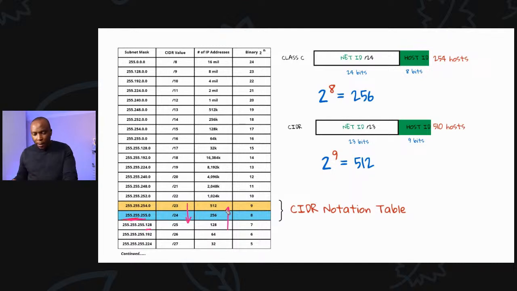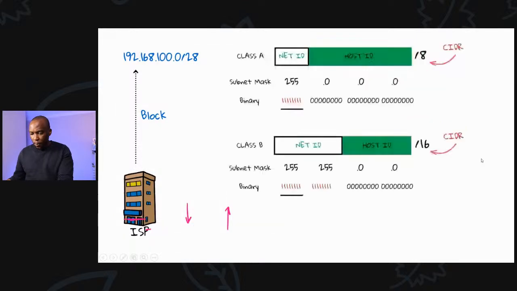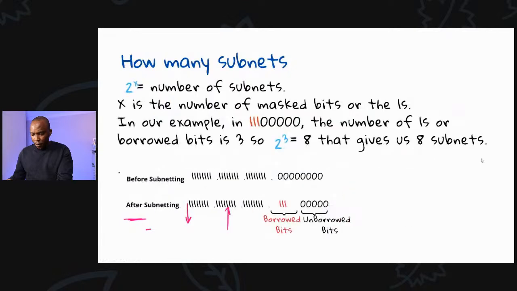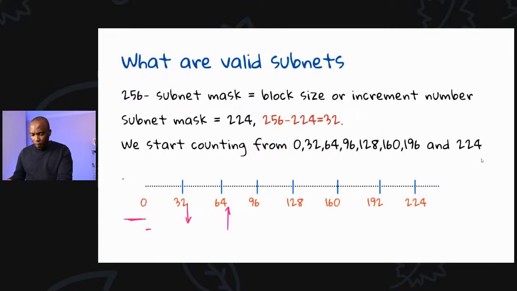We can go back to our slide. Okay, so back on our slide. So we said our subnet mask is 224, and 256 minus 224 is equal to 32.